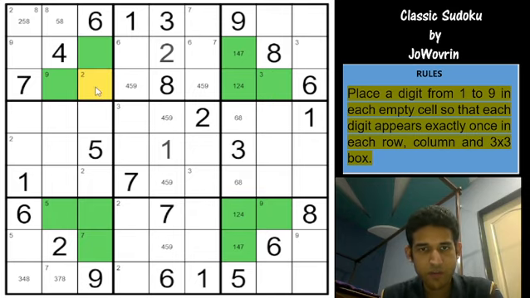So if this is yellow, I mean if this cell is 1, the one in box 7 goes into this cell, the one in box 9 goes into this cell, and now you'll notice that box 3 does not have a position for 1. It cannot be in column 7, it cannot be in row 3. So this is what I just remembered. So we can make use of that maybe.